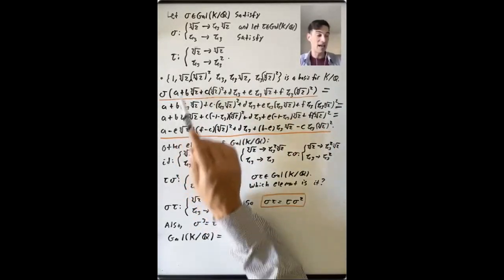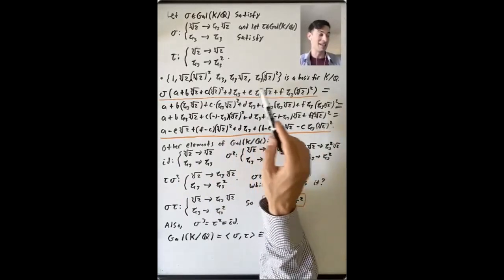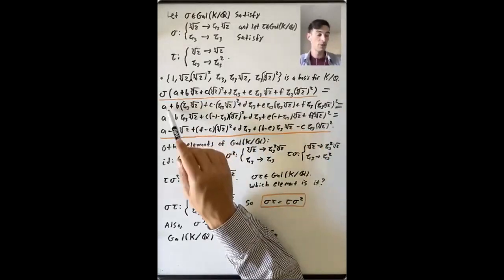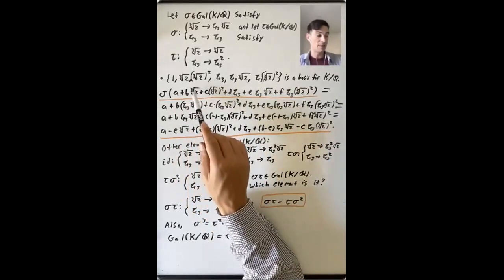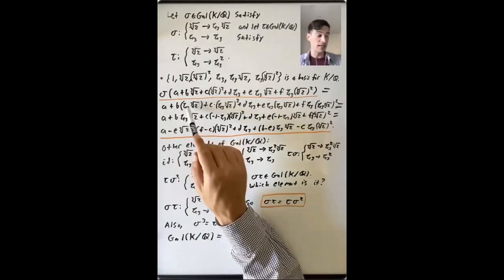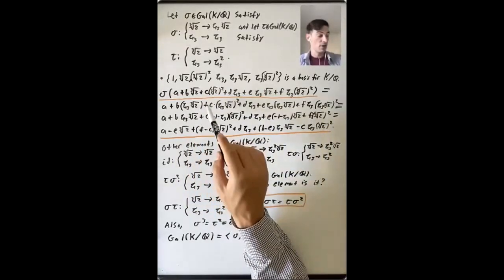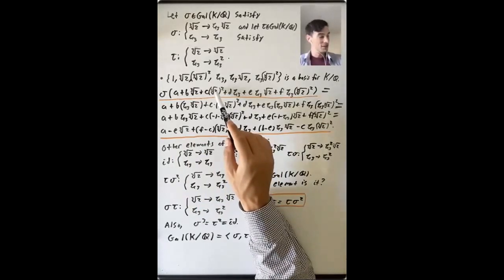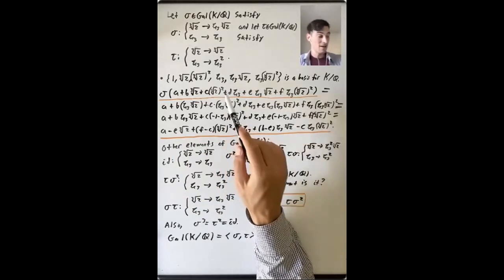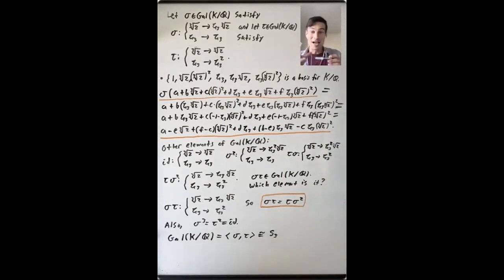And sigma sends a to a, b to b, c to c, d to d, e to e, and f to f. So we get a plus b times sigma of cube root of 2, which is zeta 3 times cube root of 2, plus c times sigma of cube root of 2 squared, which is sigma applied to cube root of 2 and then squared.